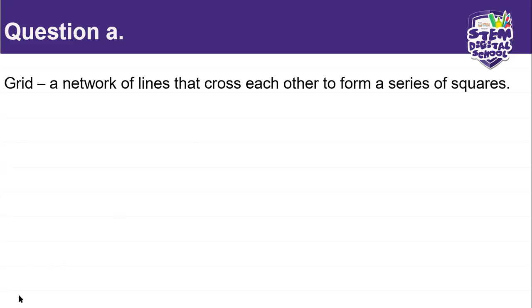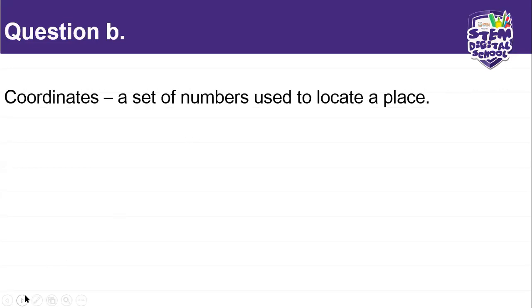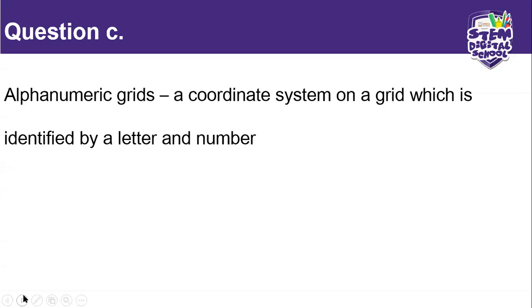Let's move on to B, coordinates. These are a set of numbers used to locate a place. So we call them coordinates. We go to C, alphanumeric grids.